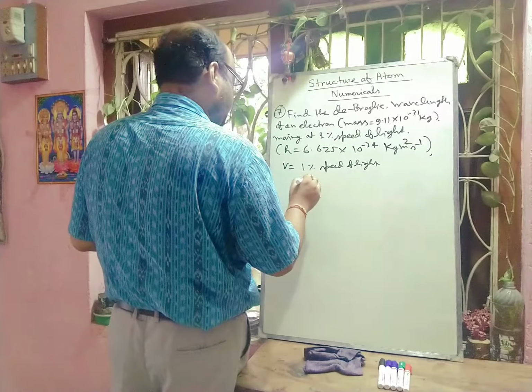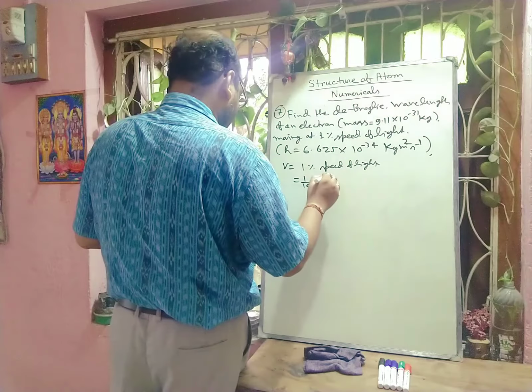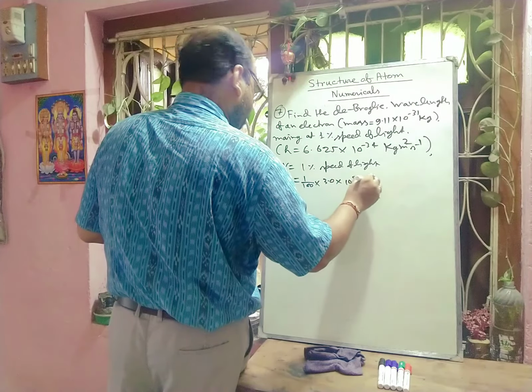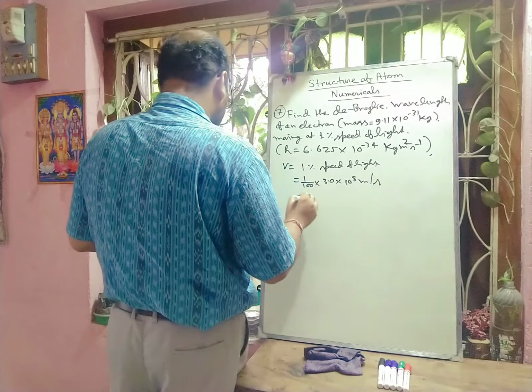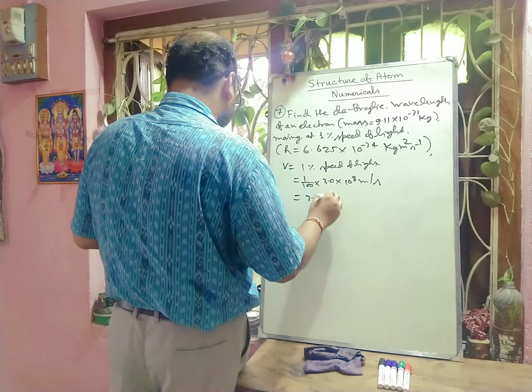That will be 1 by 100 into 3.0 into 10 to the power 8 meter per second. That will come to 3.0 into 10 to the power 6 meter per second.